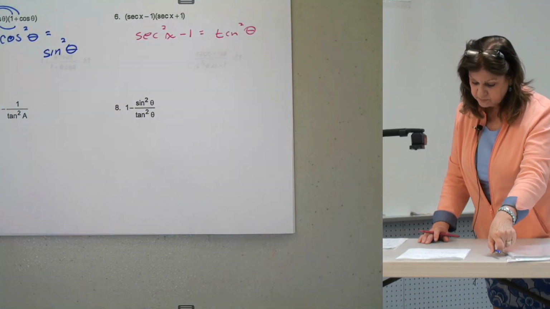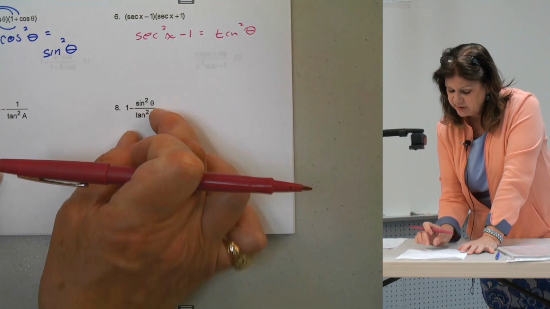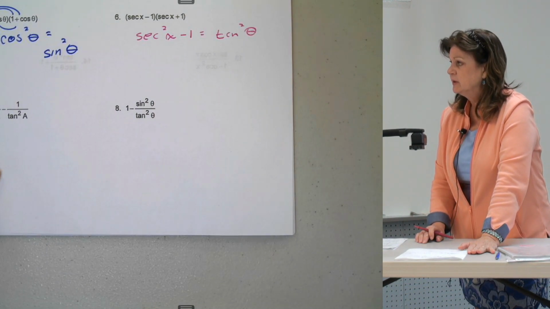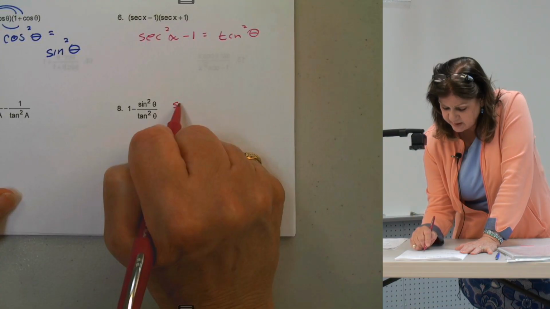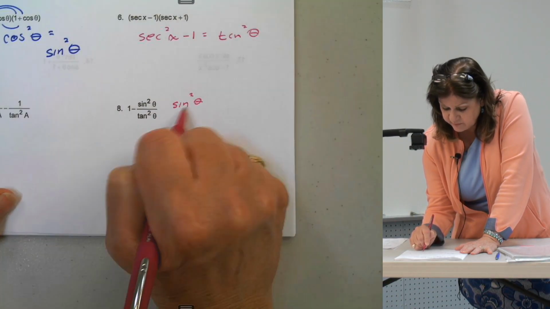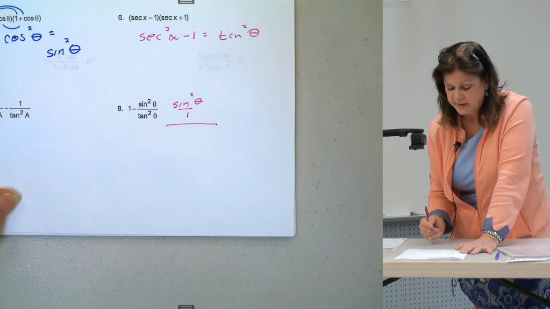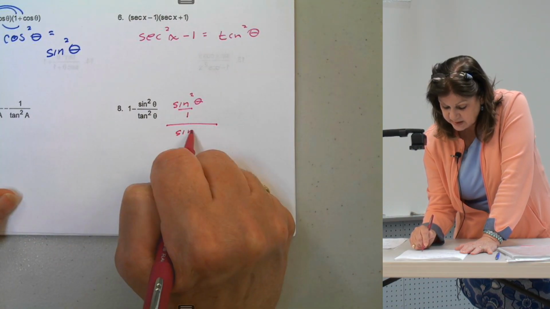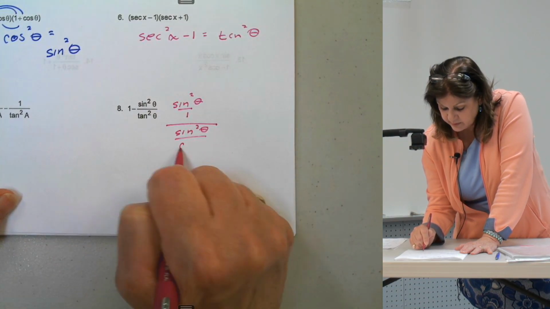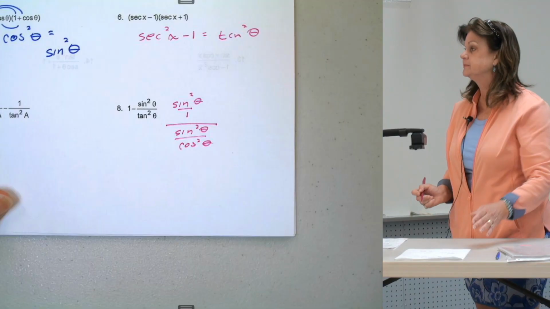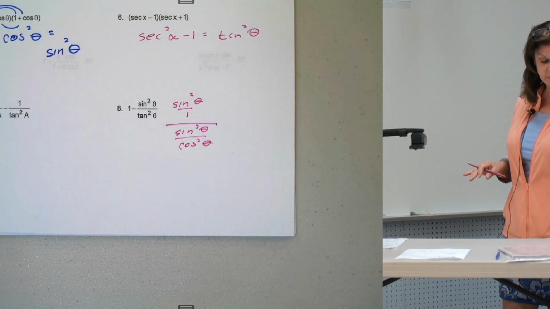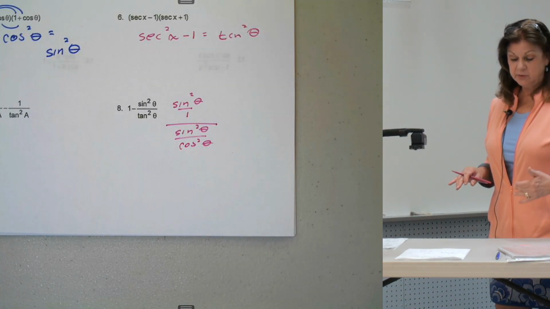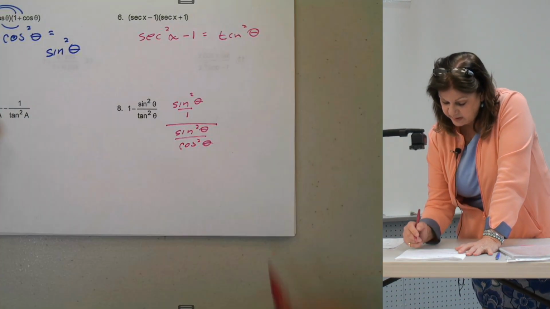So what I'm going to do, let's just work on the sine squared over tan squared theta. Remember, these are rationals. So I've got sine squared theta over 1 divided by sine squared theta over cosine squared theta. Now, I'm just ignoring the number 1 for the moment. So what am I going to do? Well, I'm going to flip and multiply.